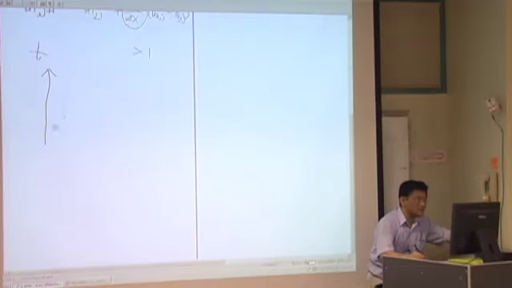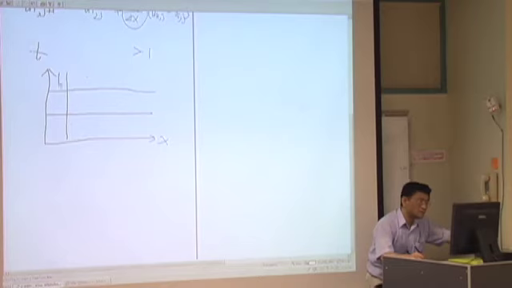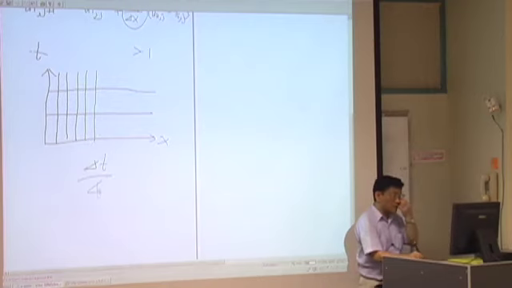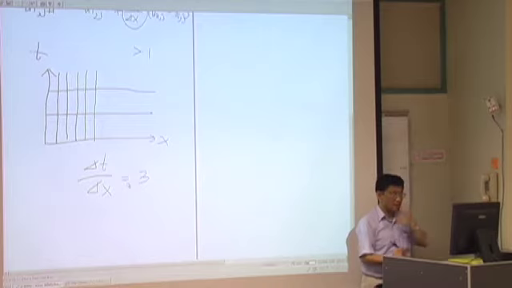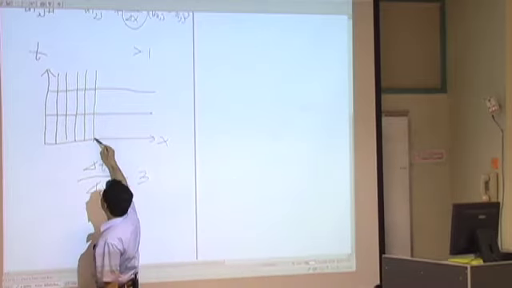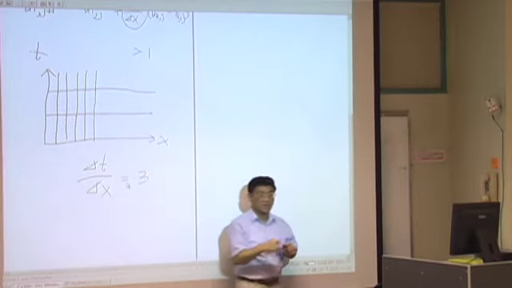This is the time direction, this is the x direction, and initially someone may think this may work. If you divide this kind of way, then roughly delta t over delta x ratio is almost like 3. Do you follow me? Roughly this ratio is almost 3.